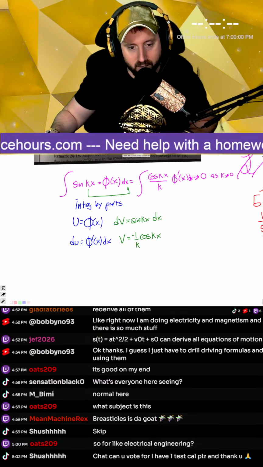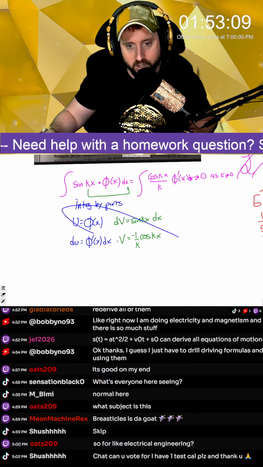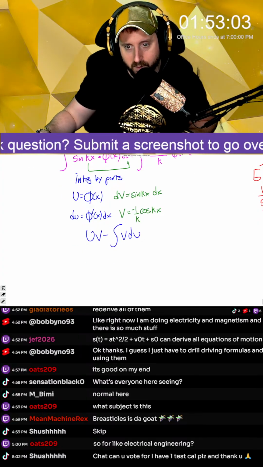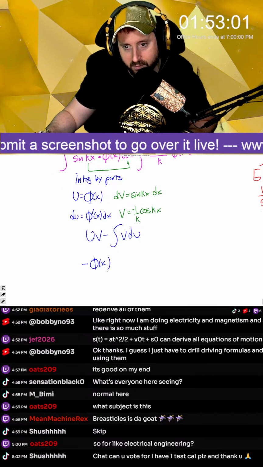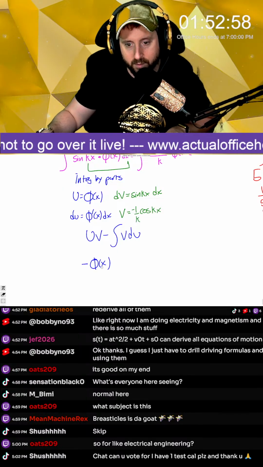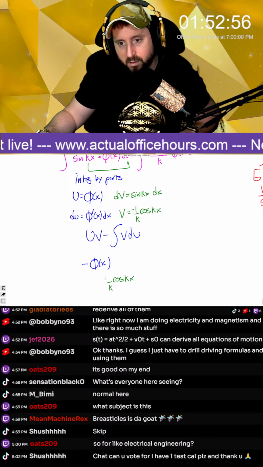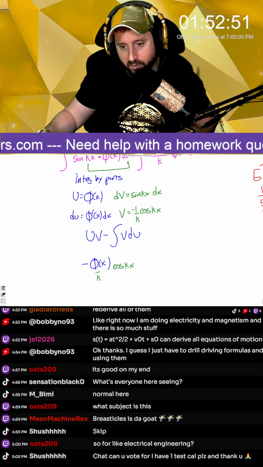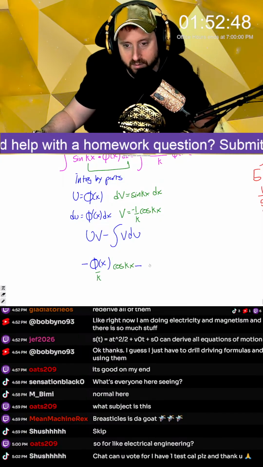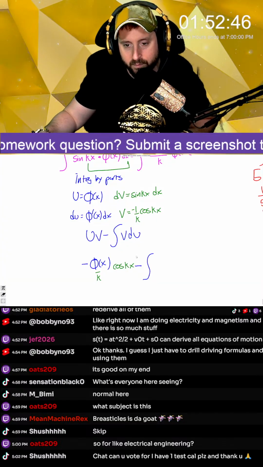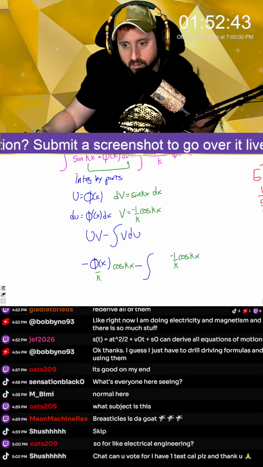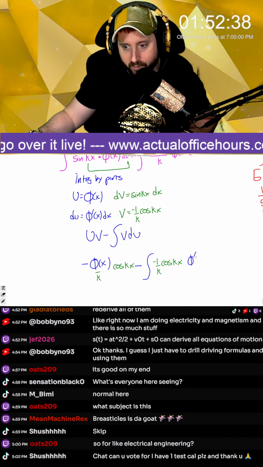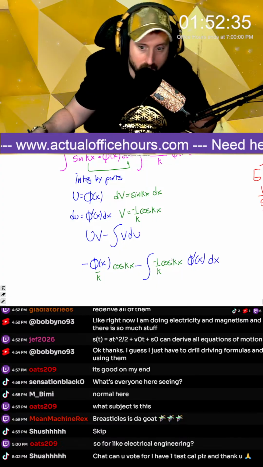So then what we get from integration by parts is uv minus the integral of v du. And so uv is going to be negative 5x, and then times all this. Oh, so okay. I see, as k goes to 0, that's going to go to 0. And then it's minus the integral of v, which is this, and then du is going to be phi prime of x dx. Okay.